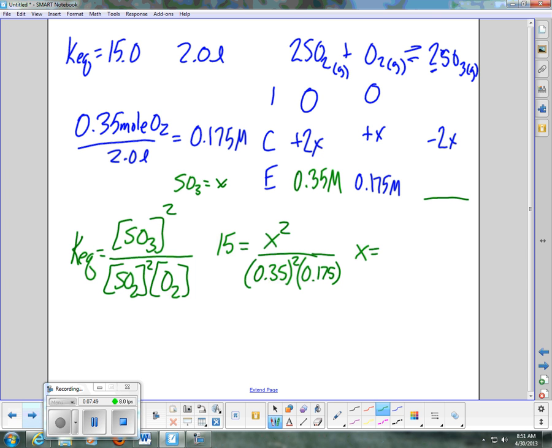0.567? Yes. 6.7, so we'll go 0.57 molar. That's going to go here. Now, how do I find what it was initially?